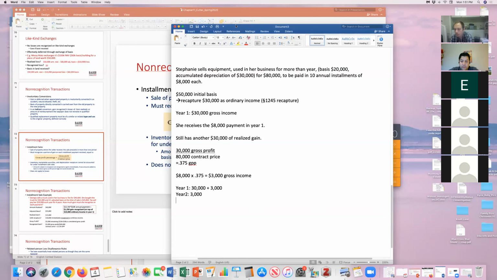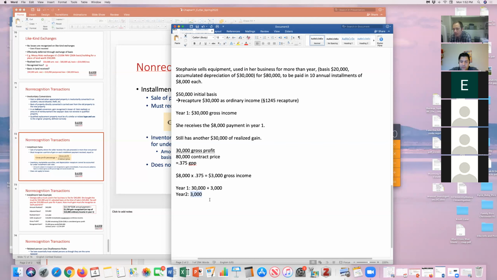Will she have any 1231 gain? Yes, good question. Because this is a 1231 asset, the 30,000 becomes ordinary, but the other 30,000 out of the 60 is a 1231 gain. So each year, this other 3,000 is going to be treated like a 1231 gain.